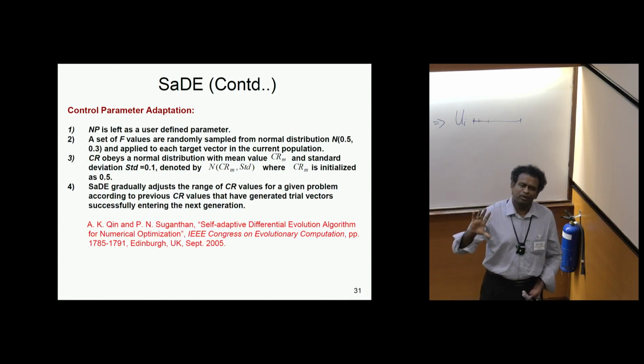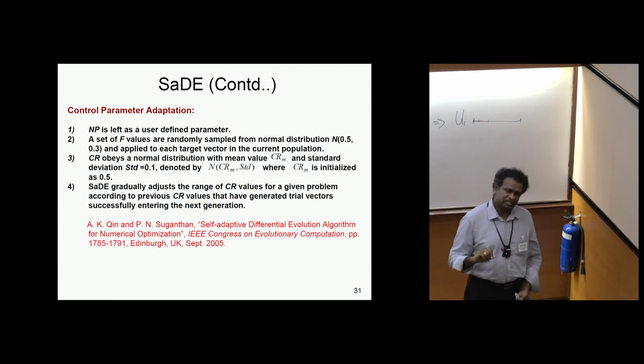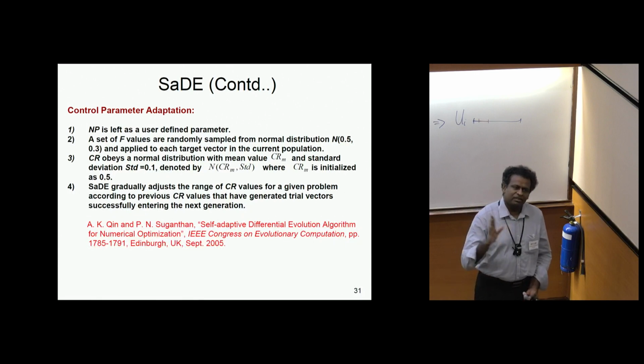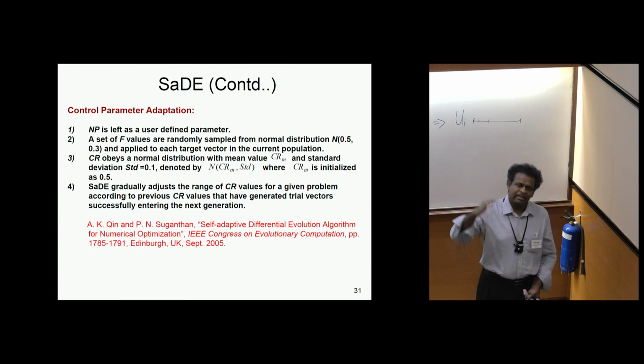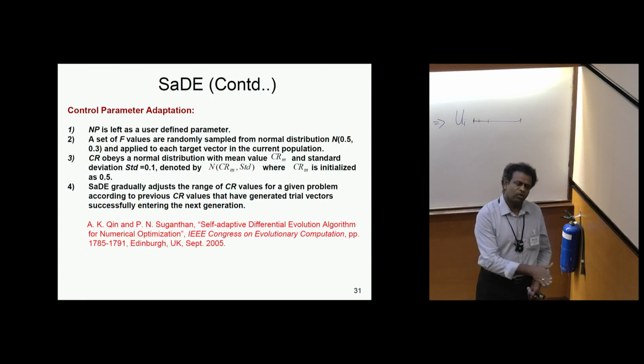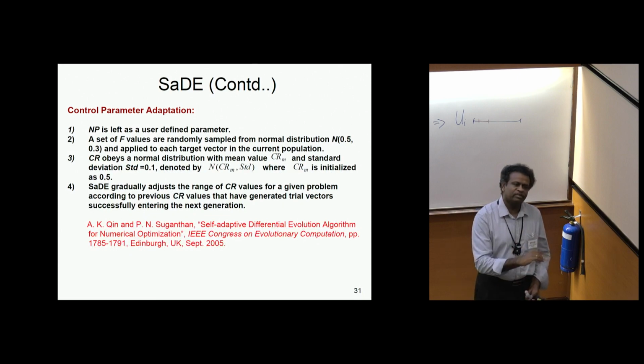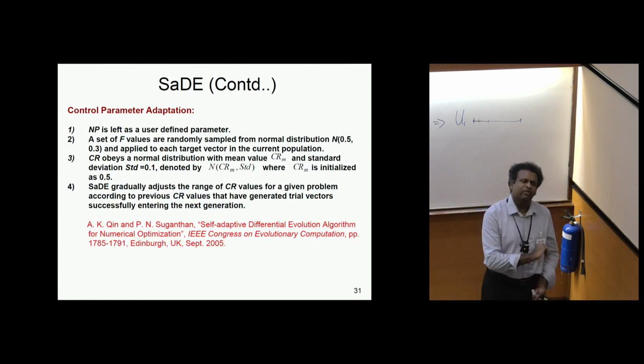If a particular problem requires a higher crossover rate, what will happen is that when you generate using the normal distribution, the crossover values like 0.6, 0.65, 0.55, the higher crossover values, will generate better solutions more frequently. And the lower crossover values like 0.4, 0.5 will produce better solutions less frequently.